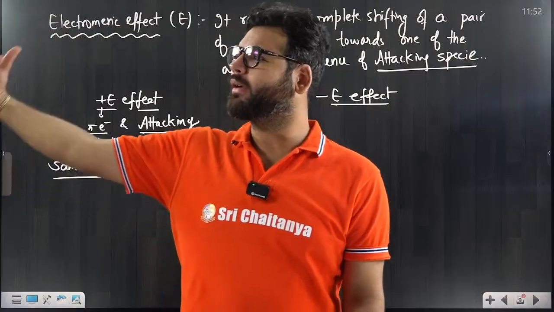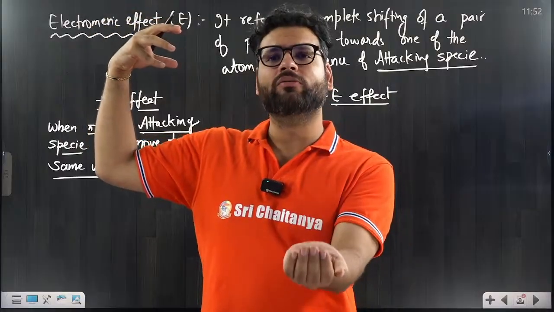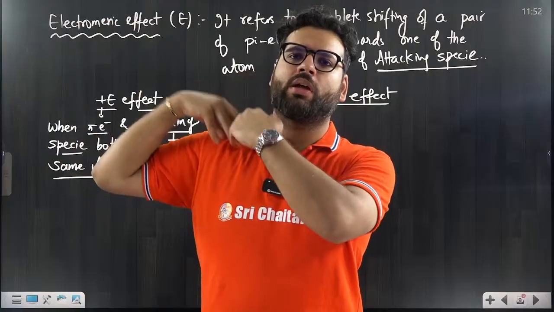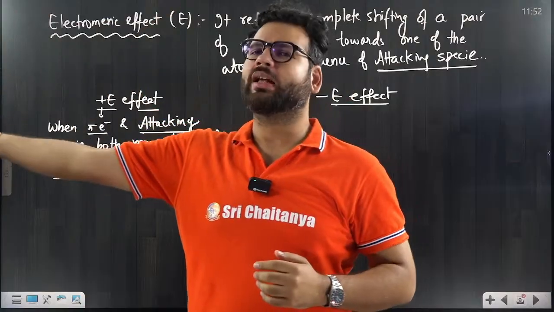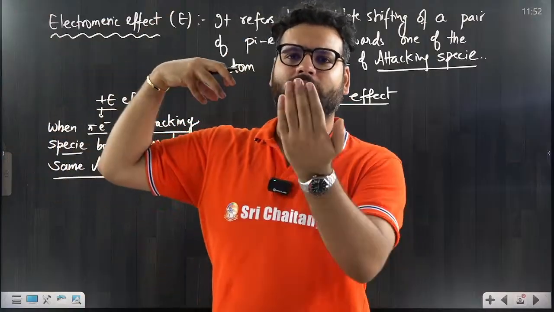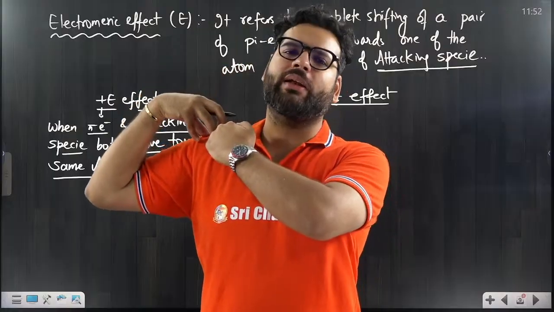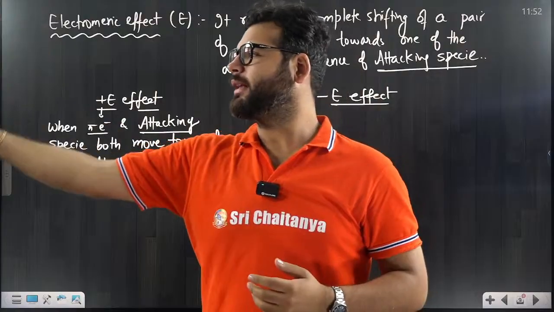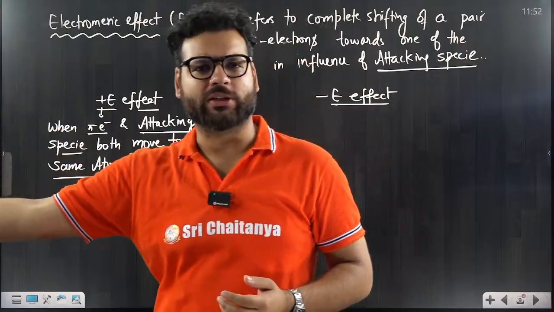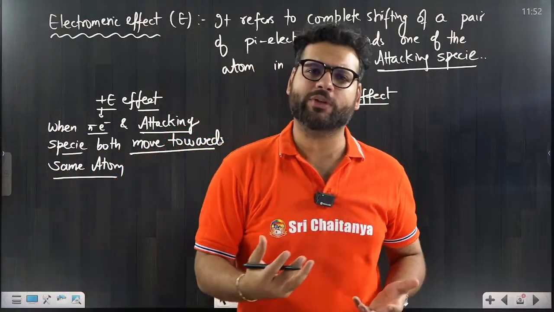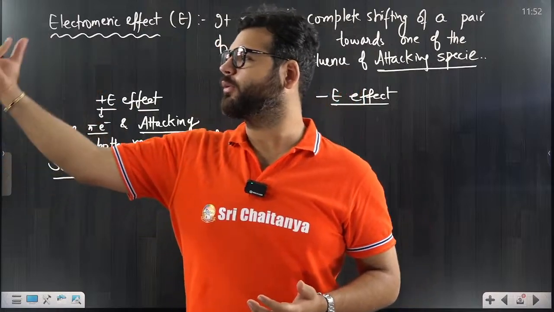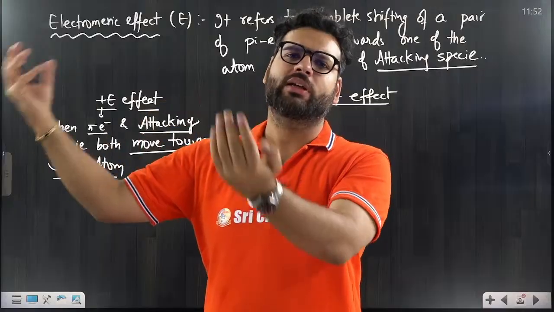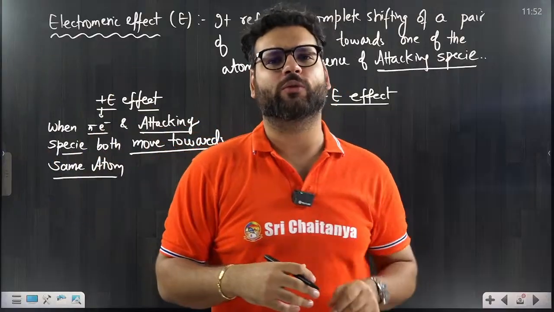If an electron lover is coming, then automatically electrons will be attracted towards it and they will go to the same place. So if the attacking species is electron deficient, then electrons automatically will come and be stable with it. If an electrophile like H plus, a positive charge, is coming to attack here, automatically these electrons will come towards the H plus, so that plus and minus can have a good force of attraction.